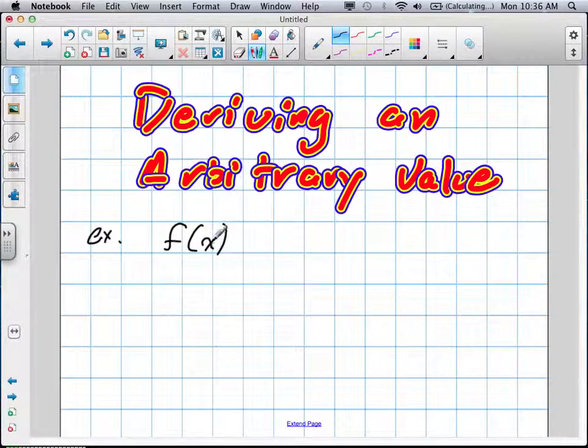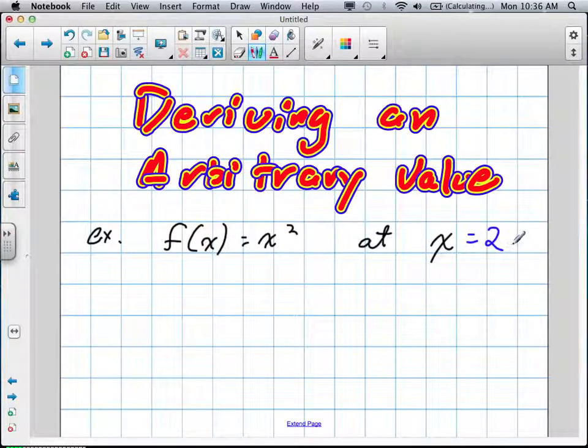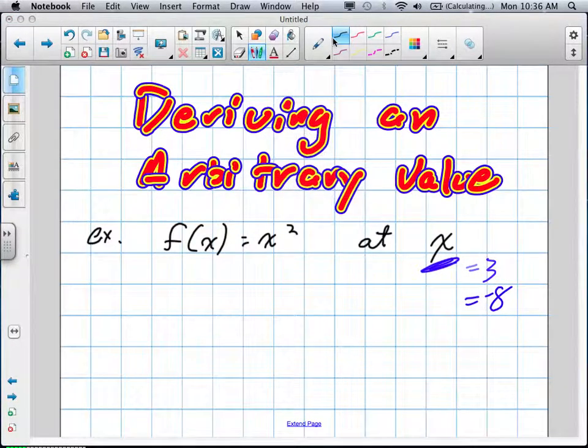So we're going to find f prime of x squared at an arbitrary value of x, just x. Normally they write it at x equal to maybe 2, or x equal to 3 or -8, something like that. We're going to find it at an arbitrary value of x because part B of this question, we might as well include it.